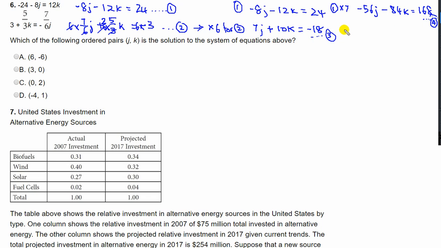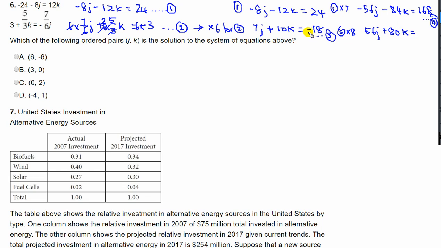Now equation 3, we're going to times 8. So 7 times 8 becomes 56j, plus 10 times 8 becomes 80k.